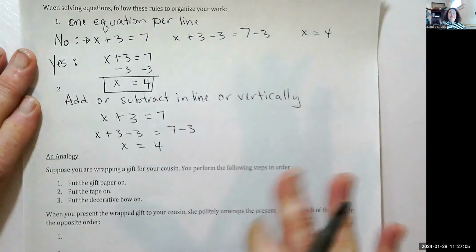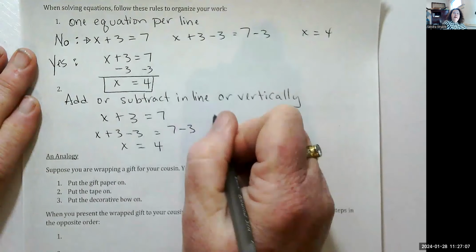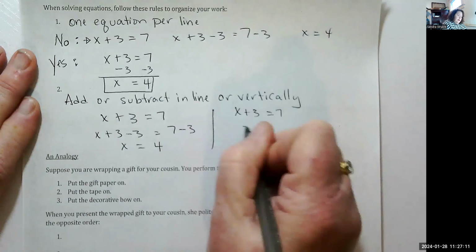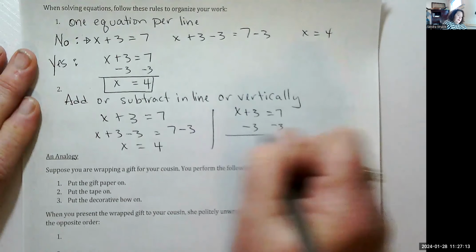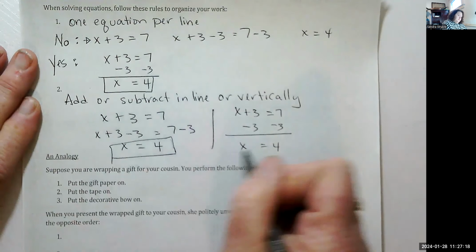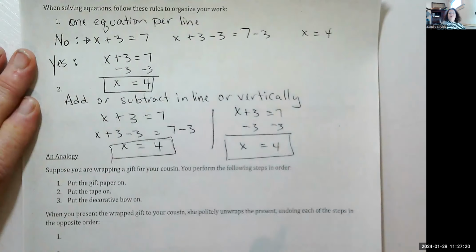You can do that. That's inline. Vertically is the original one, which is just x plus 3 equals 7, and subtracting 3 from both sides, and x equals 4. So, just to show you how to represent your work.